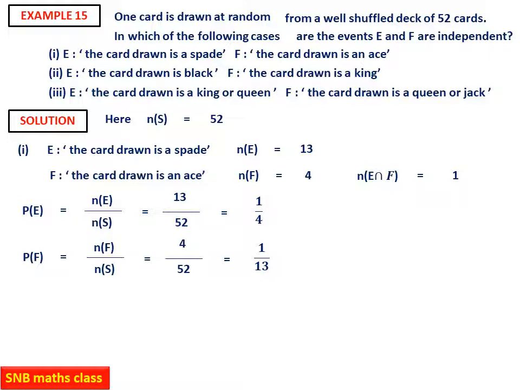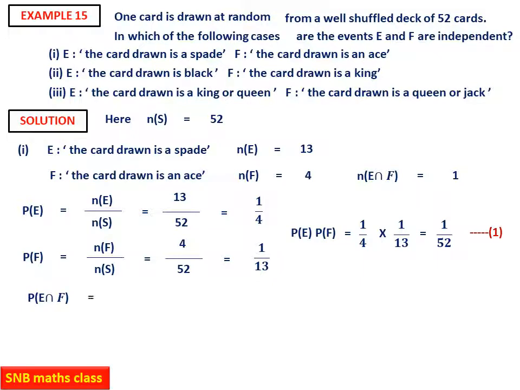So now probability E is 1 by 4, probability F is 1 by 13. Probability E into probability F equals 1 by 4 into 1 by 13, that is 1 by 52. So this is one thing.